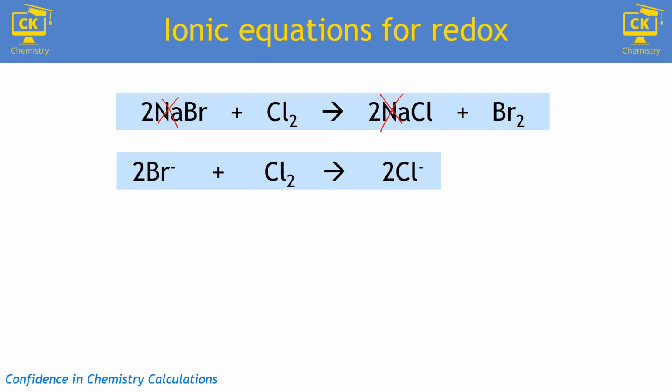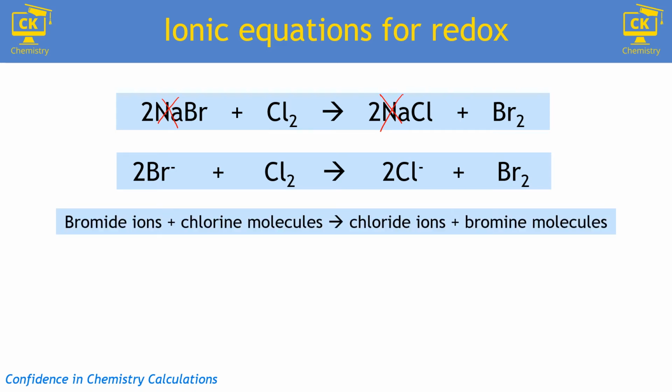That means that bromine has basically undergone the exact opposite process, started as bromide ions and became bromine molecules. Notice how specific the language is that I've been using to describe these particles. So in this reaction, bromide ions, Br-, react with chlorine molecules, Cl2, to make chloride ions and bromine molecules.